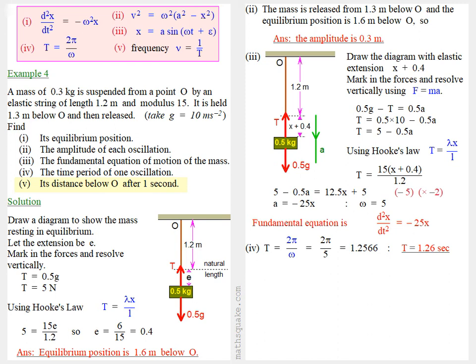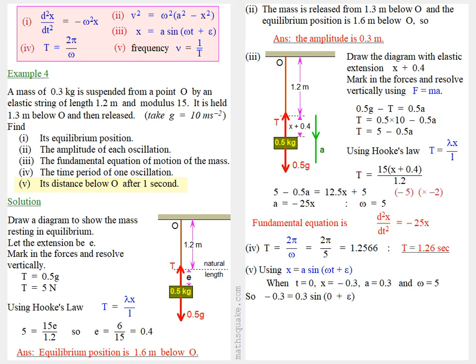So we need to find its displacement at any given time. So using x equals a sine(omega t plus epsilon), we have, when t is equal to 0, the mass is 0.3 meters above the equilibrium position, so x is equal to minus 0.3. But a is equal to 0.3 and omega is equal to 5.